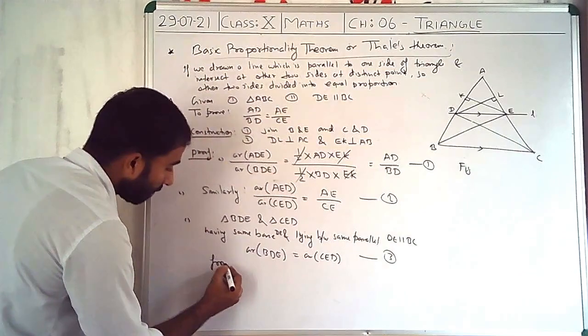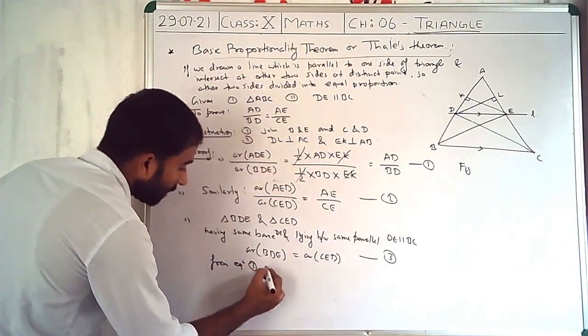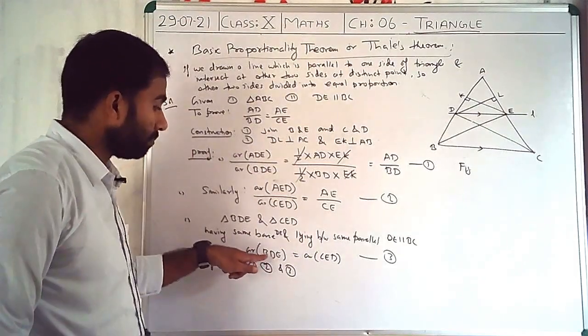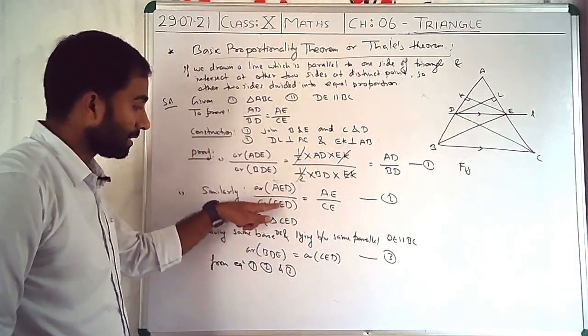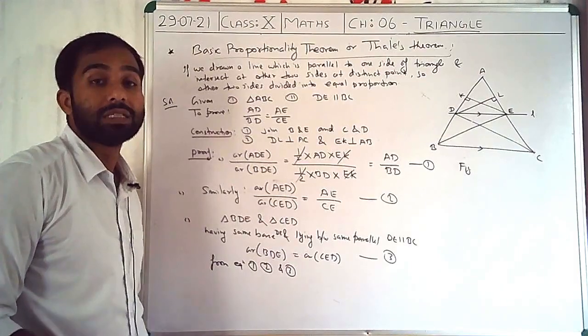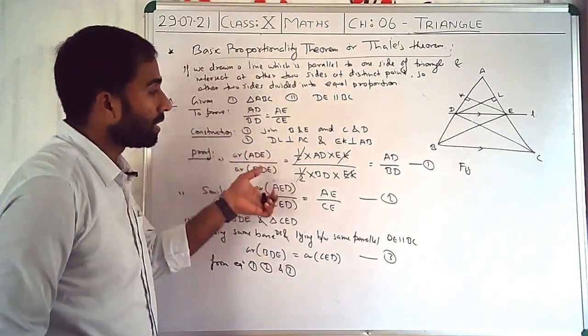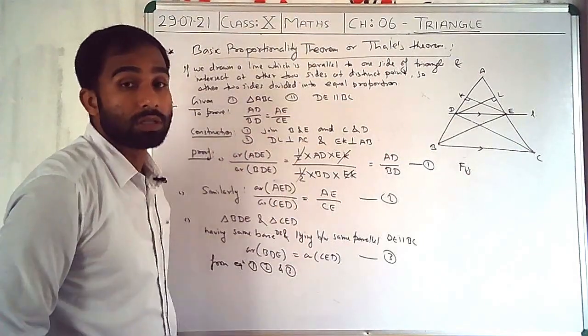Now observe and conclude all these three equations. So from equation 1, 2 and 3, you can see here BDE is here and CED is here. It means you can equate these two fractions, then the other parts are also equal.